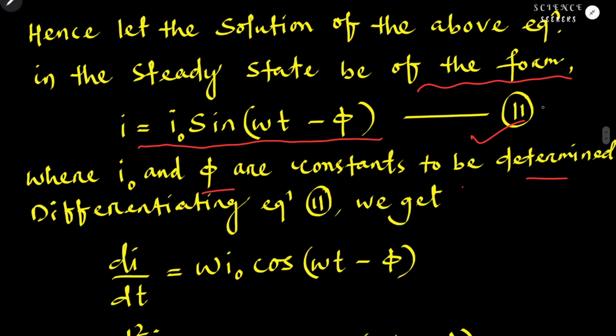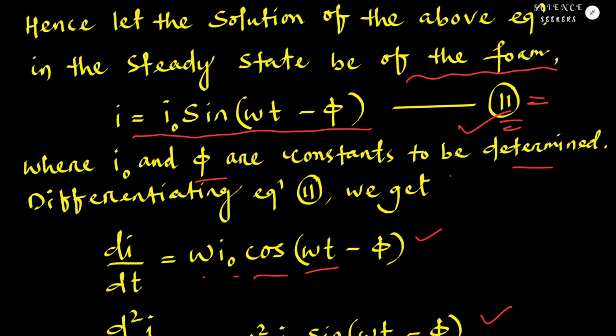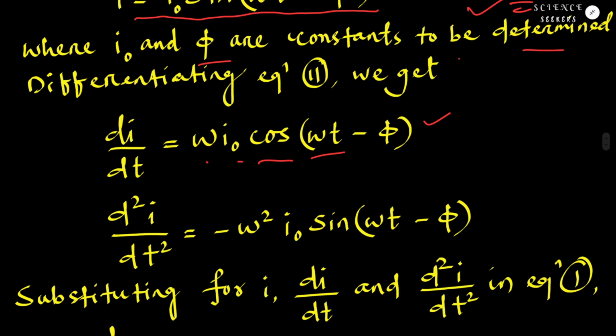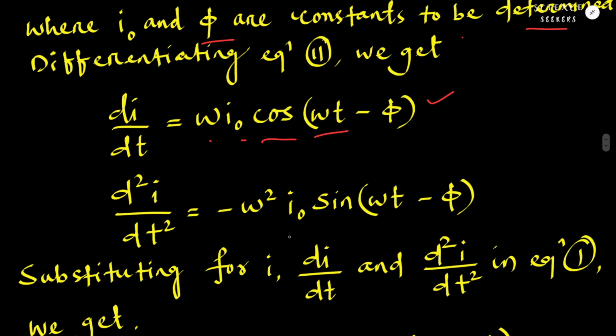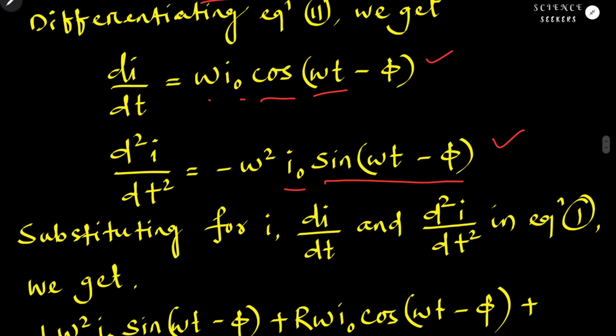Differentiating equation 2, we get di by dt equal to omega I naught cos omega t minus phi. Differentiating twice, d square I by dt square equals minus omega square I naught sin omega t minus phi.